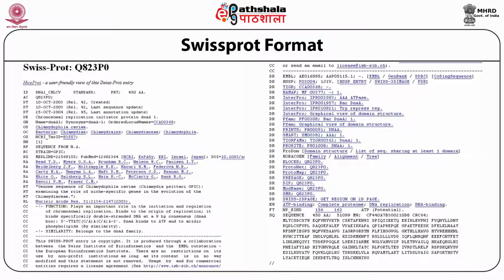Then you can see the date of creation of the data, and the dates of updates. Like you can see here, it was updated on 10th October 2023, and again in 2004. Then you can see the information about the authors who have published this work, and then you can find the details about integration with different databases, and information about the function, like the gene ontology.